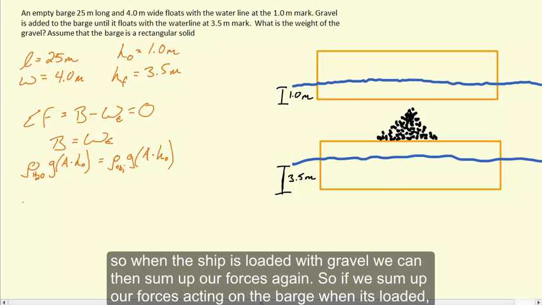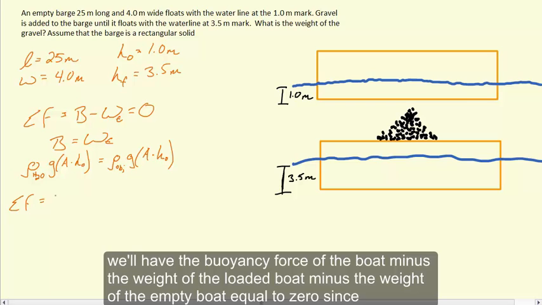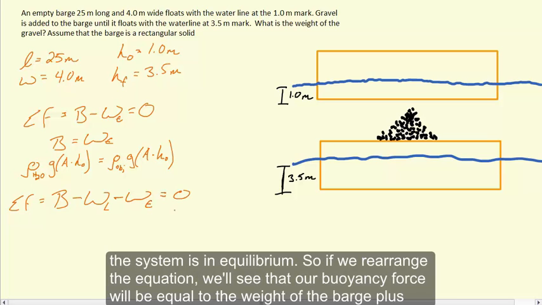So when the ship is loaded with gravel, we can then sum up our forces again. If we sum up our forces acting on the barge when it's loaded, we'll have the buoyancy force of the boat minus the weight of the loaded boat minus the weight of the empty boat equal to 0, since the system is in equilibrium.